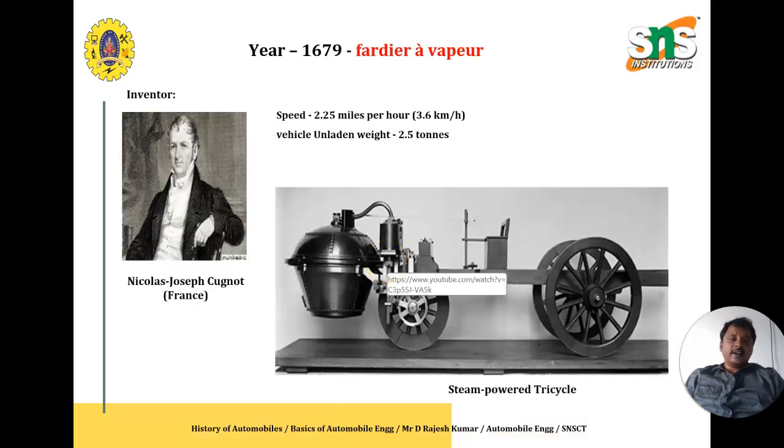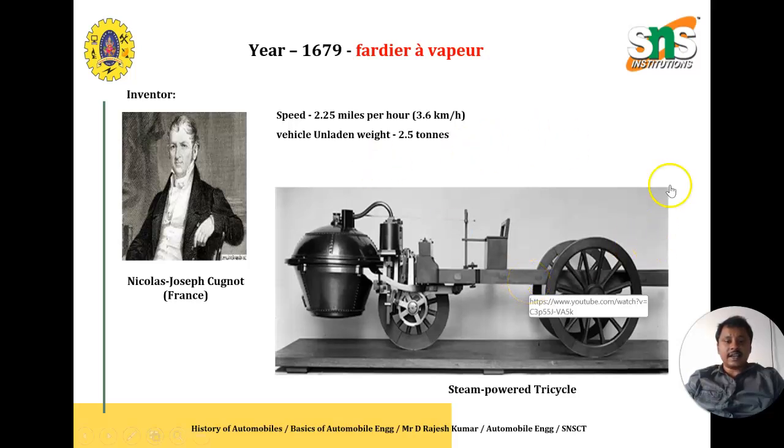The automobile history came into picture in the year 1679 by the inventor Nicolas Joseph Cugnot. He was a French scientist who invented the steam-powered tricycle. It has three wheels and operates by means of steam energy. Its speed is 2.25 miles per hour, and its weight is about 2500 kilograms.